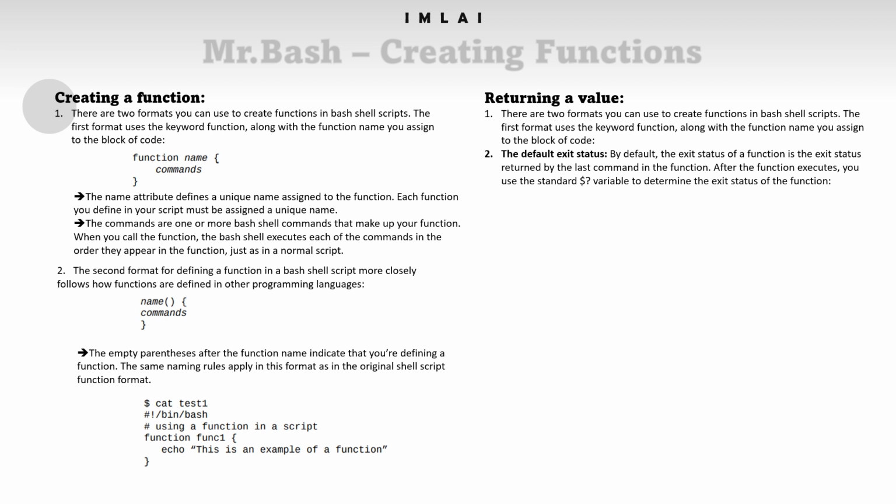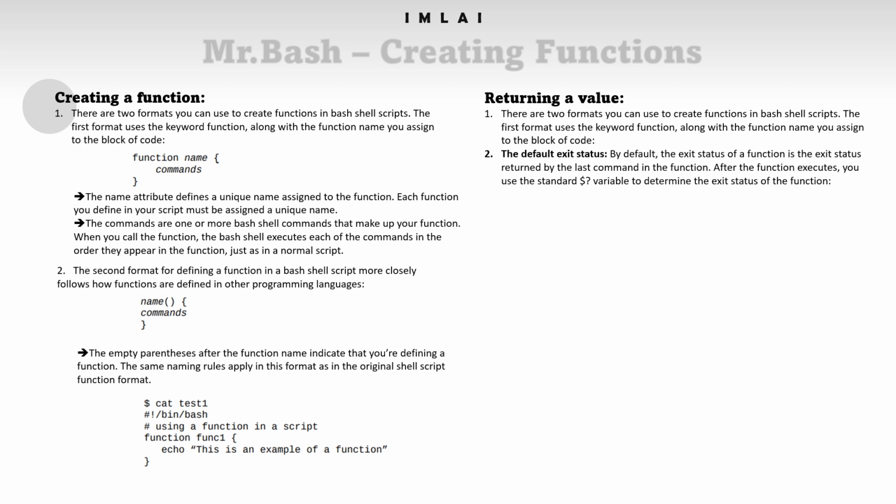So it's a very important point to note the last command that you have mentioned in your function script, because the exit status of that command will be considered as the default exit status of the function. After the function executes, you use the standard dollar question mark that I have shown you in my previous sessions.